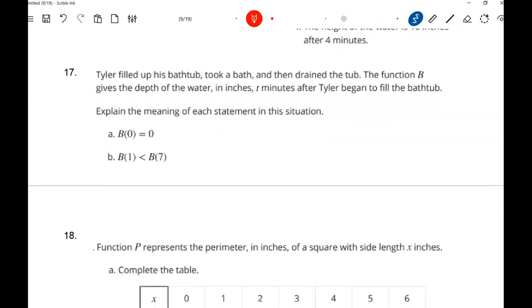Number 17, explain the meaning of each of these statements. P stands for the depth and T stands for the minutes. So this literally says the depth at 0 minutes is 0 inches. So the tub started out empty.